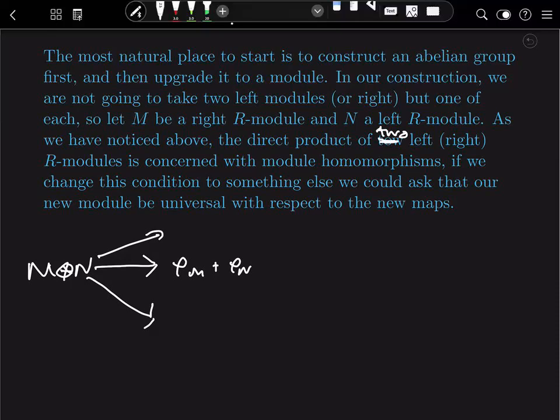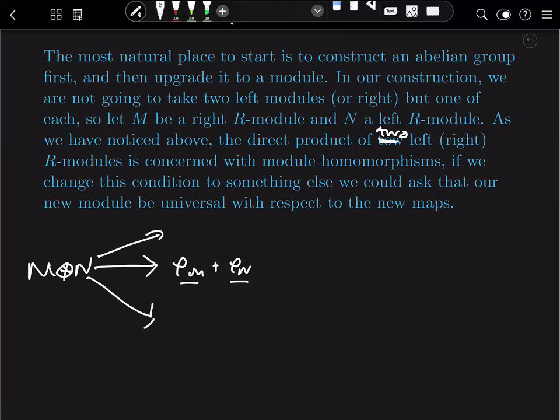Essentially what we're looking at is just pairs of morphisms, where phi M is an R module homomorphism and phi N is an R module homomorphism. So we're looking at pairs of morphisms out of the direct product, factor by factor.